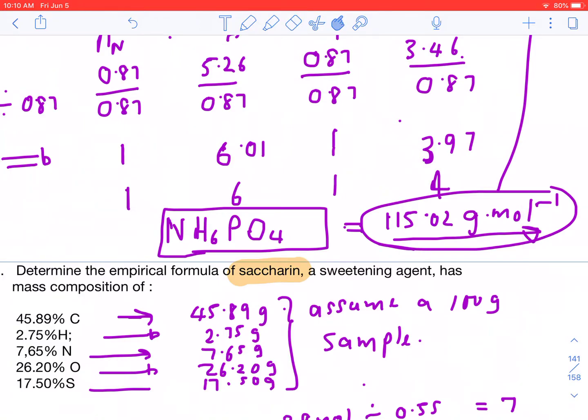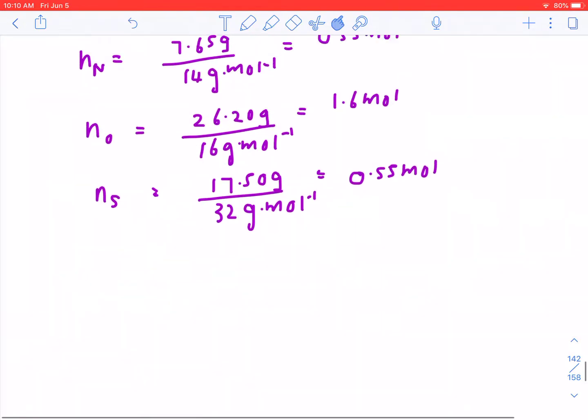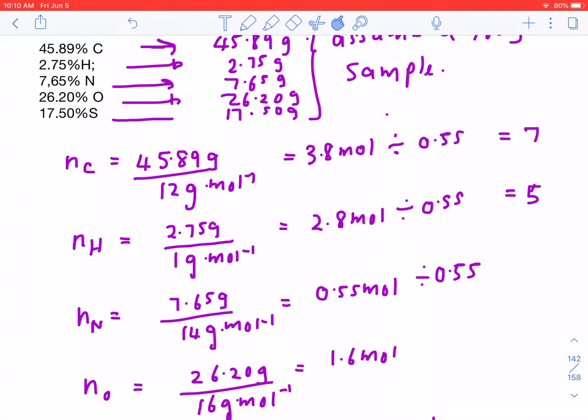Okay, so nitrogen, and if we divide that by 0.55, that gives us 1, and if we divide this by 0.55, that gives us 3, right?